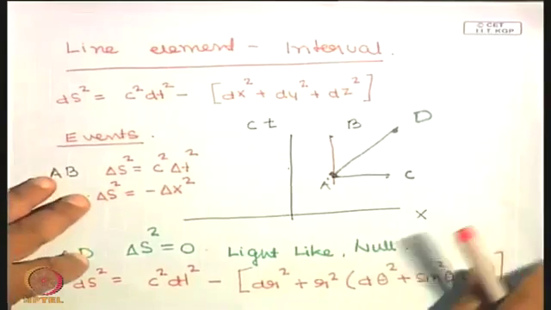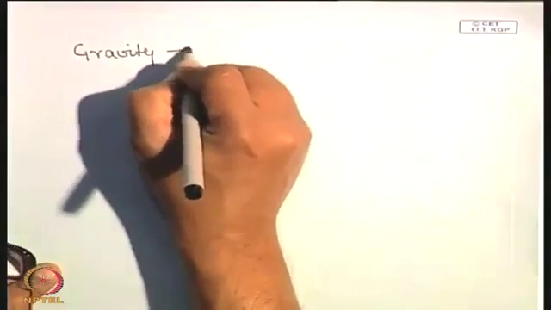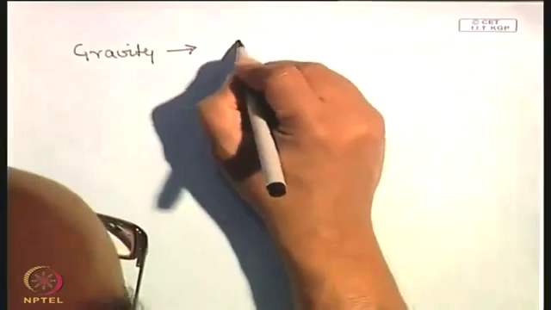Now, here we are looking not only at relativity, but we are also interested in Einstein's general theory of relativity. So, in the general theory of relativity, gravity manifests itself as curvature of space time.